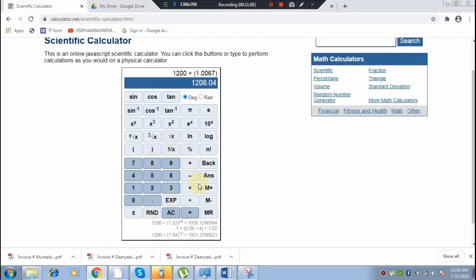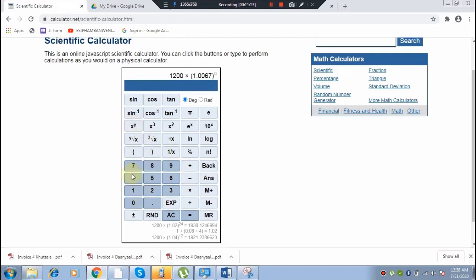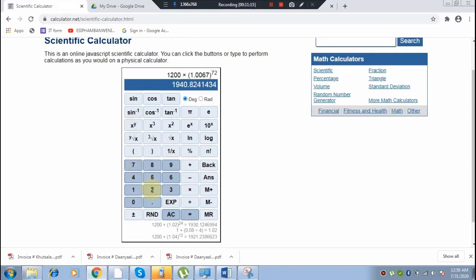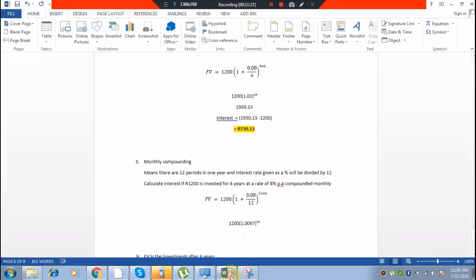So I'm going to close that bracket. Then remember, it's to the power 72. Okay, there we go. 1940.82. That's the answer.